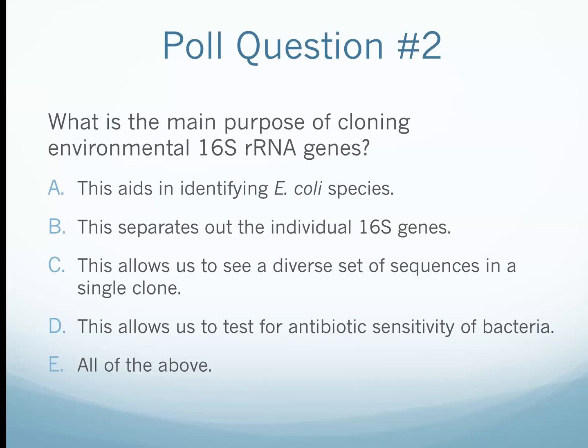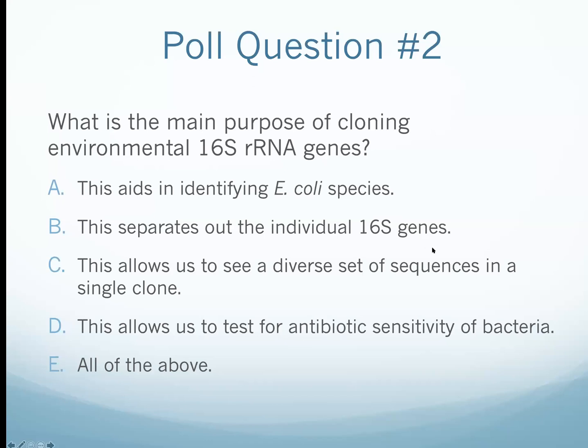And what should happen, and what typically happens, is only a single 16S gene copy gets put into each plasmid. And so let's say we have 12 different species of halophiles from each of those samples. Then one copy went into one clone, and a different species copy went into a different clone, and so on and so forth. So B is a correct answer.